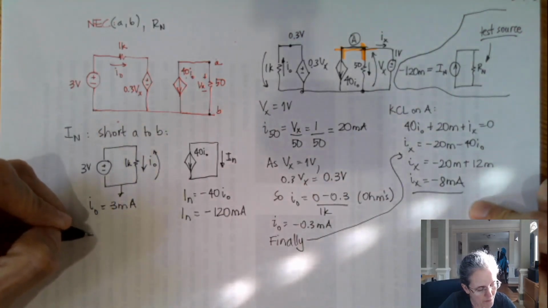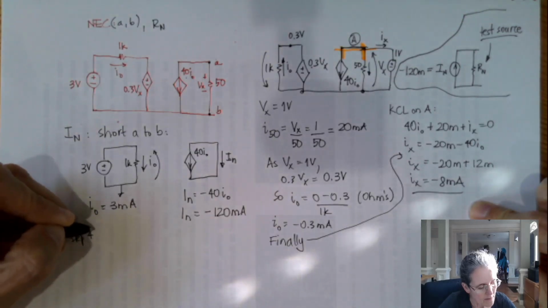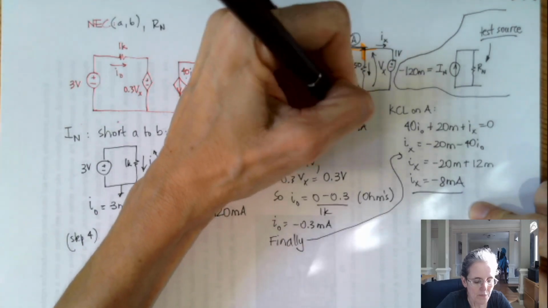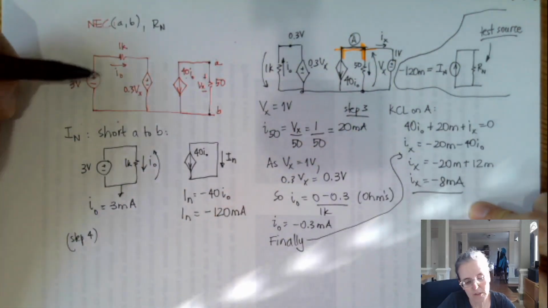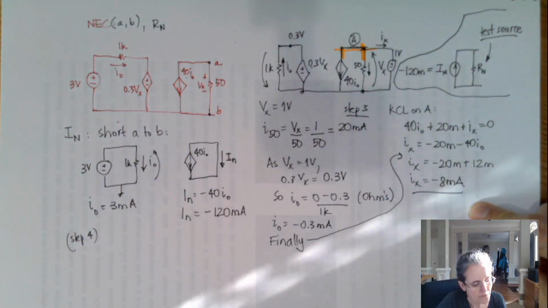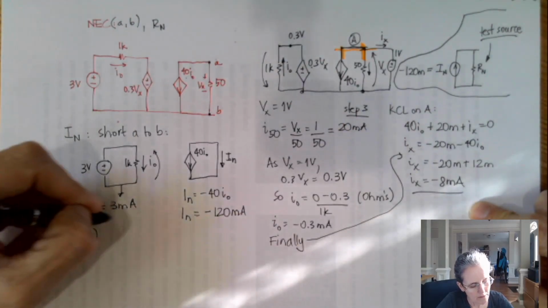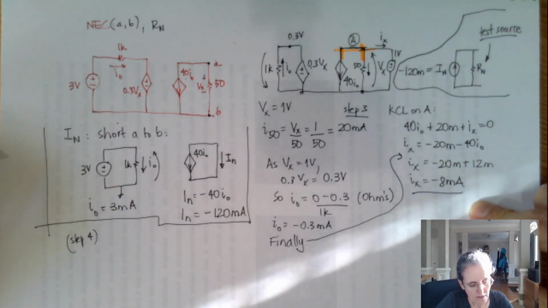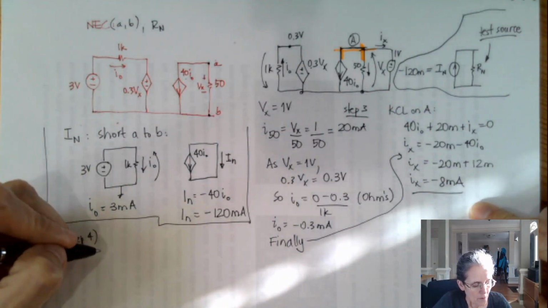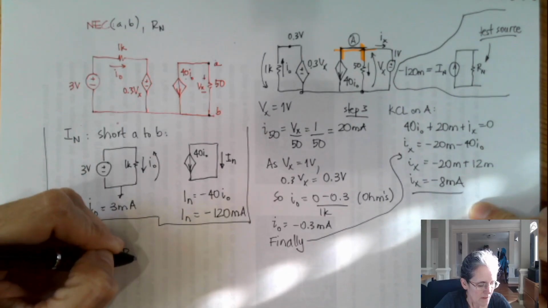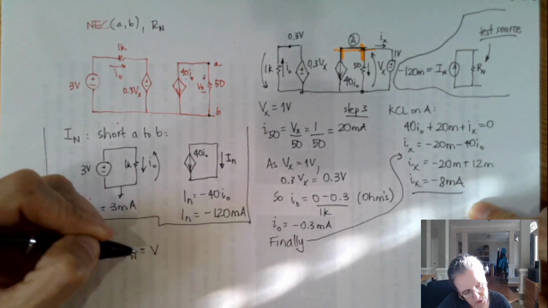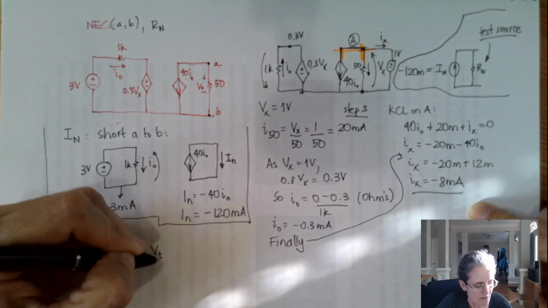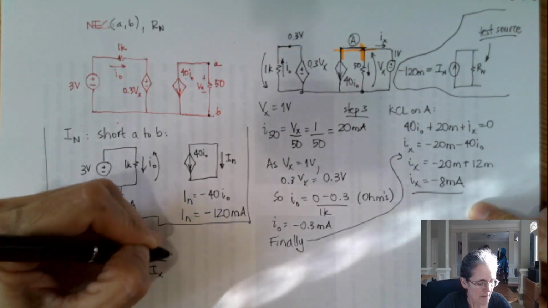Now finally, step 4. This here was step 3, solving the circuit. Step 1 was turning this off. Step 2 is adding this 1 volt. Step 3 is solving. Whoopsie, this is IN, I don't want to put that there. Step 4: the resistance is the voltage that I applied, so V test divided by Ix.